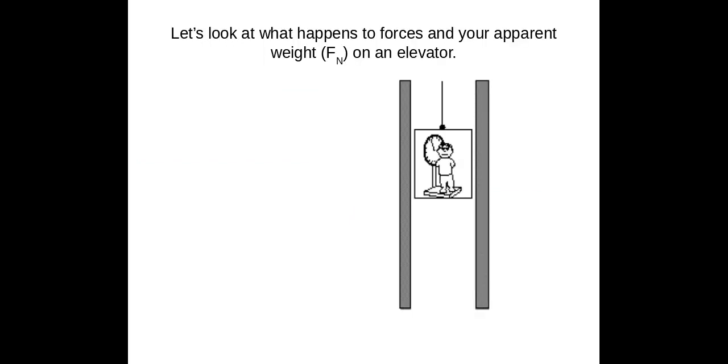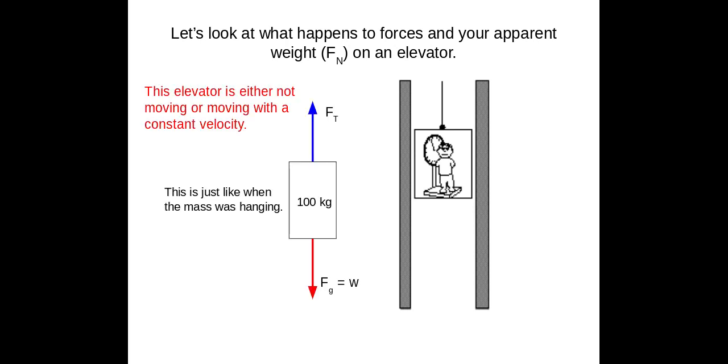Okay, so now let's imagine we're on the elevator and we're standing on a scale. If the elevator is at rest, or if it's moving at a constant velocity, either going up or down, we would feel normal weight.